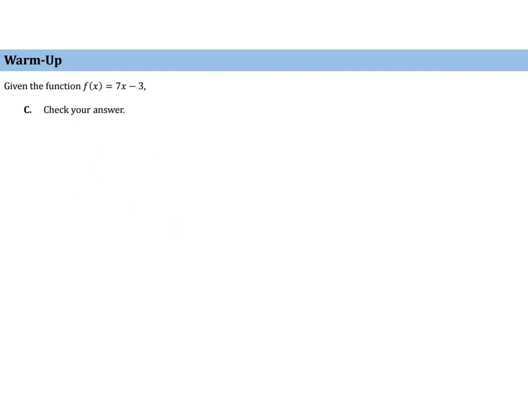Now, let's check our answer. So we had f inverse of x equals x plus 3 all over 7. To check our answer, we must first find f of f inverse of x.